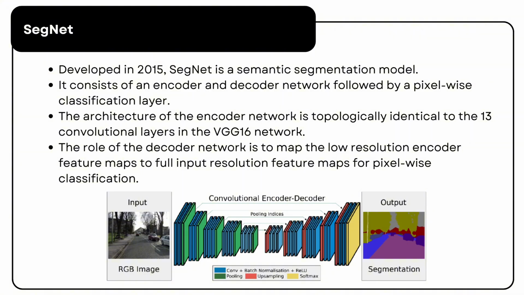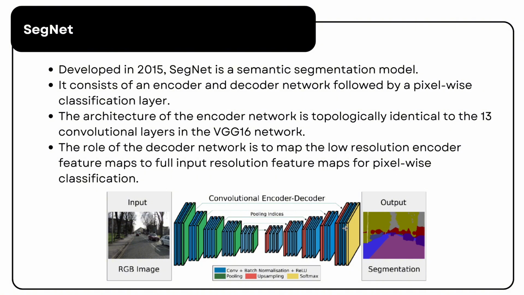But what makes SegNet special is how it performs upsampling, as you can see here. This is the encoder, and this one is the decoder. Instead of learning how to upsample, it uses the max pooling indices from the encoder, and this helps the model efficiently reconstruct the spatial details, which is crucial for accurate segmentation.